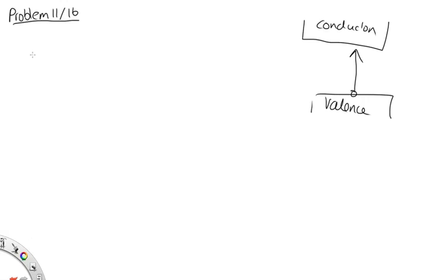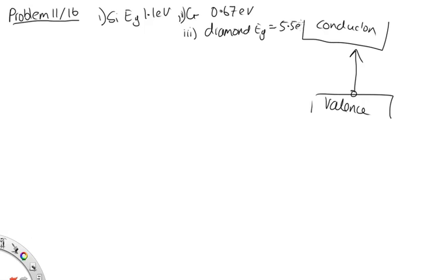And we're asked to do this in, first of all, silicon with an energy gap of 1.1 electron volts, and then in germanium with an energy gap of 0.67 electron volts, and then finally in diamond with an energy gap of 5.5 electron volts.